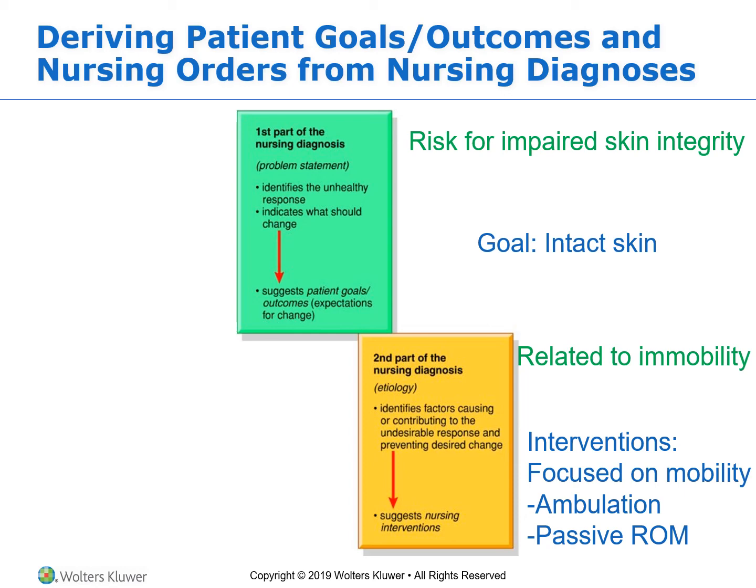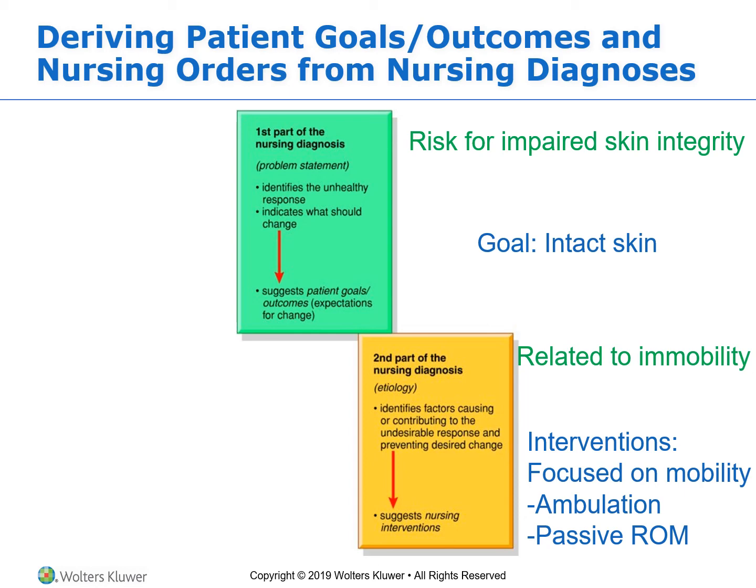Your challenge in the planning phase of the nursing process is to identify nursing interventions most likely to achieve the outcome. There are nurse-initiated interventions, physician-initiated interventions, and collaborative interventions. We'll talk more about those in a bit.